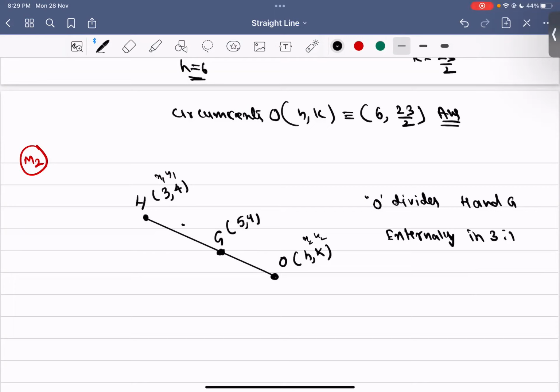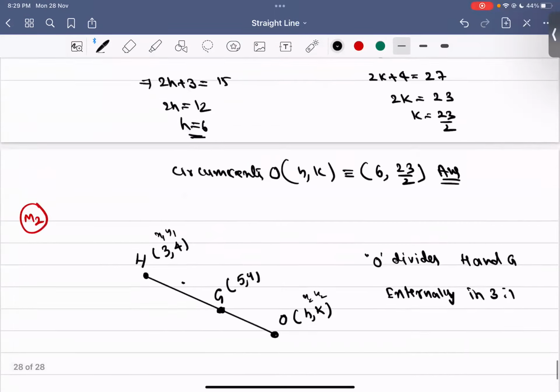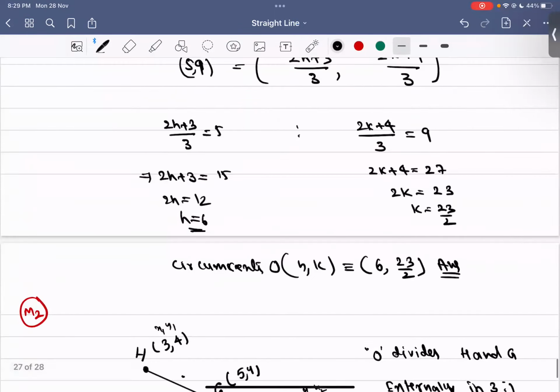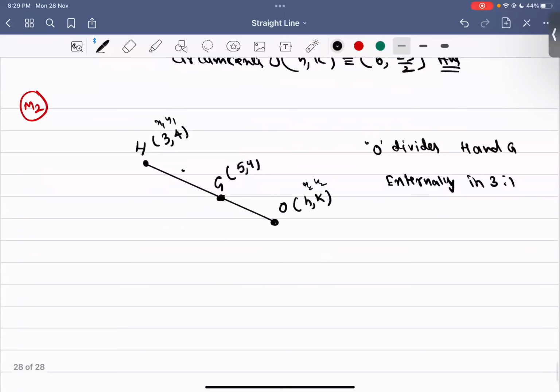If you solve the problem like this, you need not solve the equations. In the previous question, we solved the equations, but here we will directly get the answer. So the circumcenter O in this method is obtained directly, because here (x1, y1) and (x2, y2) are these points, and m:n is 3:1.